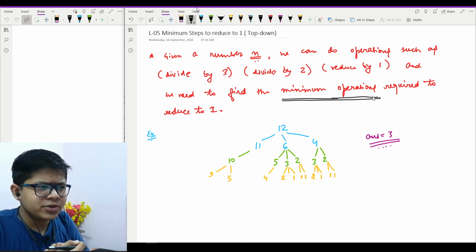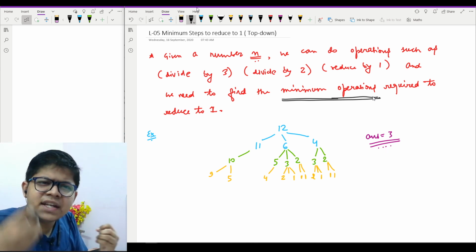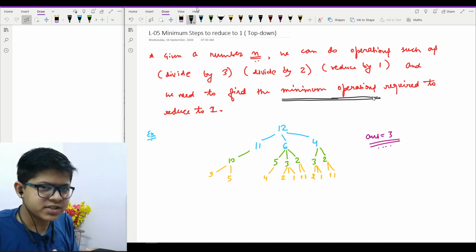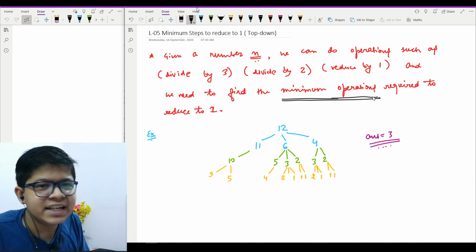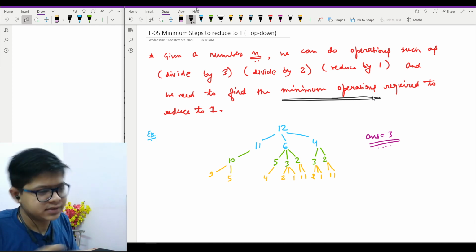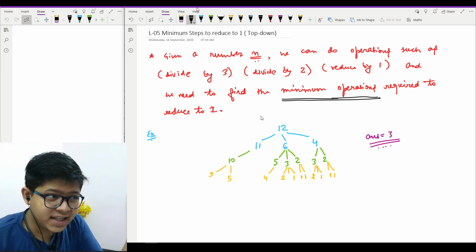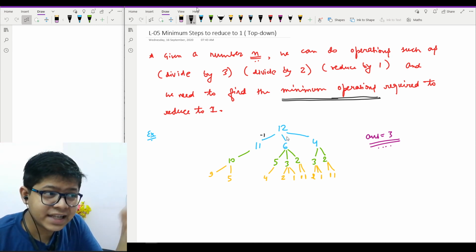Firstly, let's take a very intuitive example, which will come to your mind, because we are bound to think greedily, so we will think greedily first. If I have the number 12, at one step I can reduce by 1, I can divide by 2, I can divide by 3.